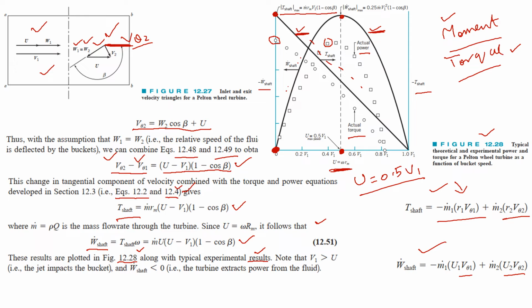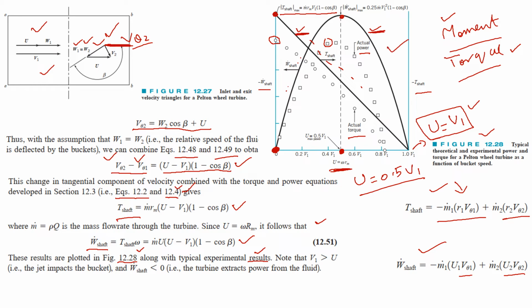And at this condition right here, when U is equal to V1, the torque is 0, but the shaft power is also 0. It means that the rotor is rotating freely. It is a case when the rotor is disengaged from the main shaft, and the whole of the fluid energy is being transferred to a rotor that is moving freely, and it is not transmitting any energy forward.